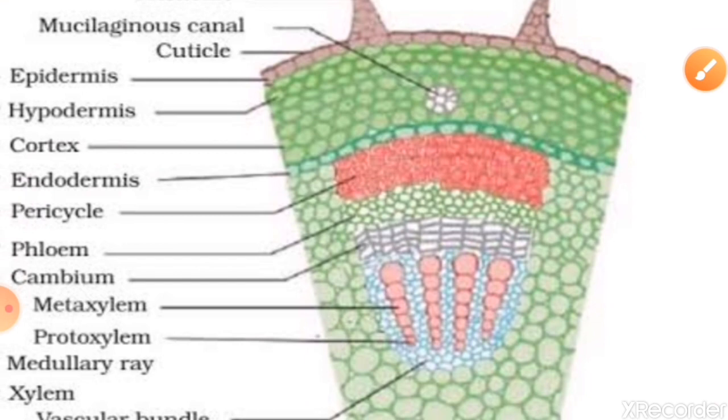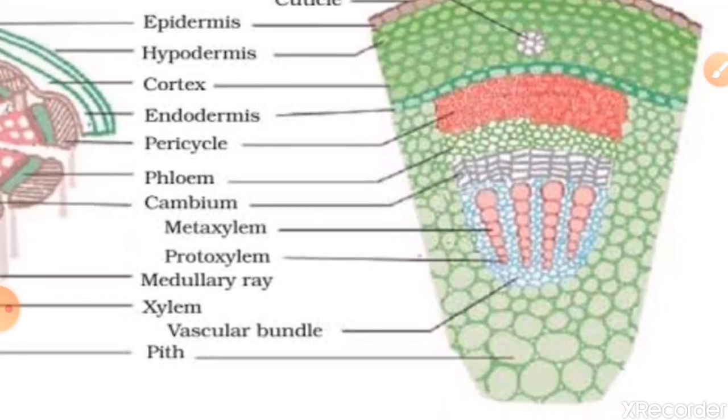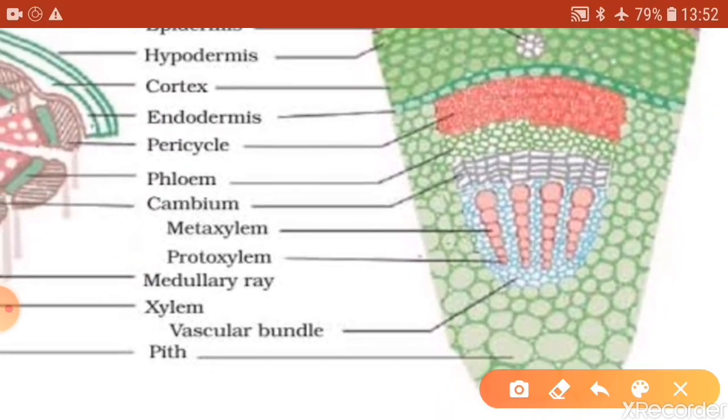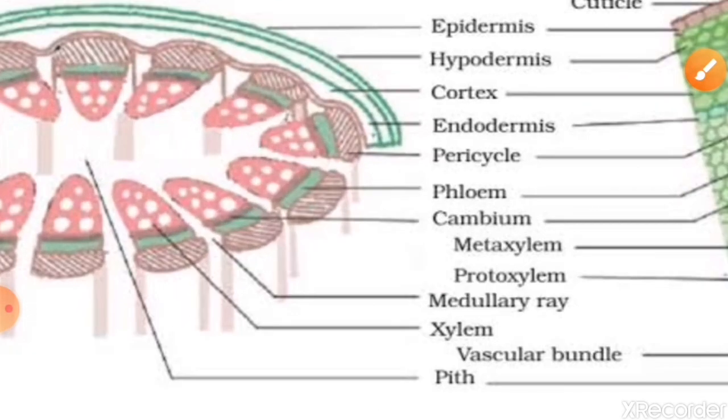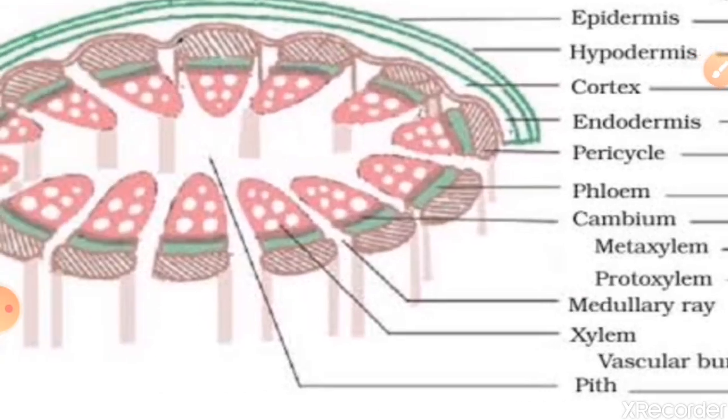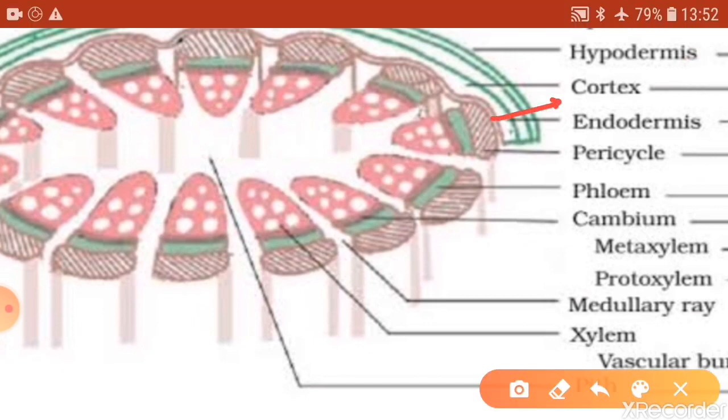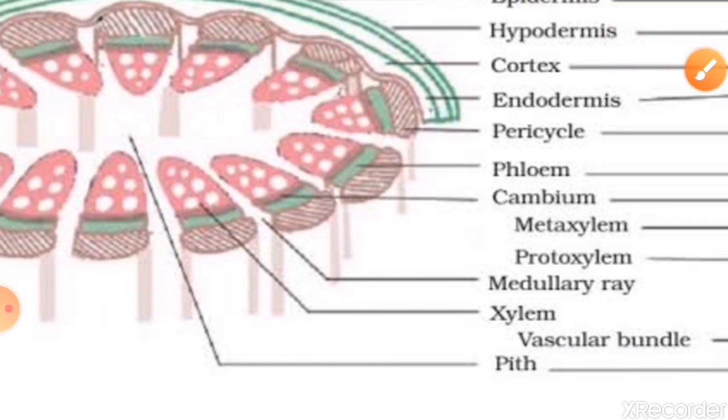It is like parenchyma. Then below the endodermis you find the vascular tissues. See the outline. Here you find the endodermis, and below the endodermis there are vascular bundles containing xylem and phloem present, right? So now let's see what those different parts are.